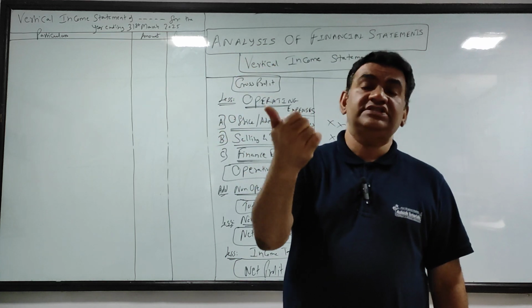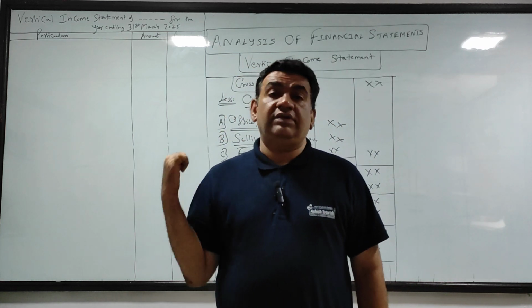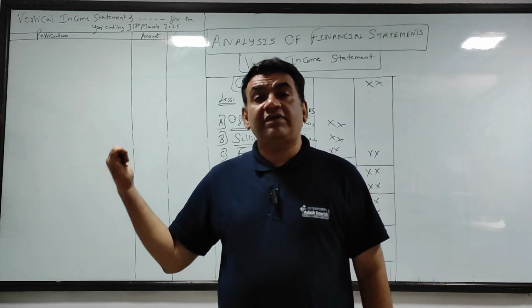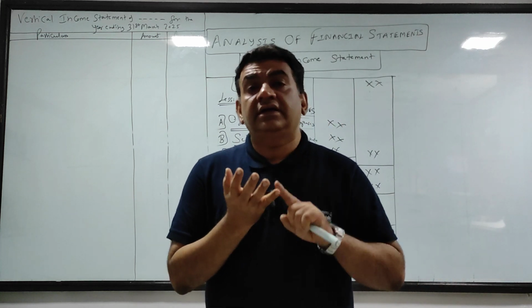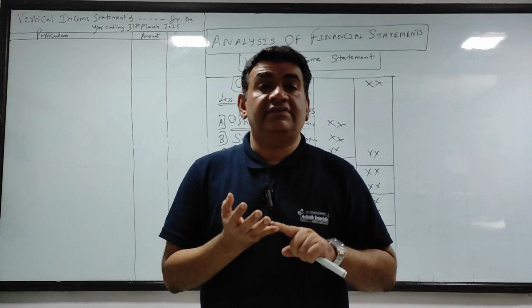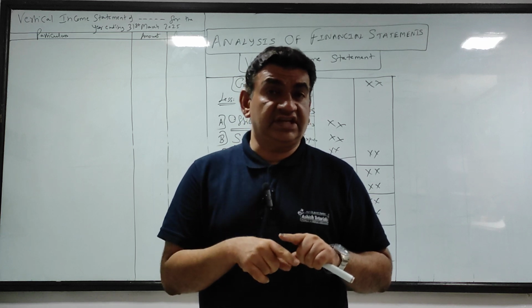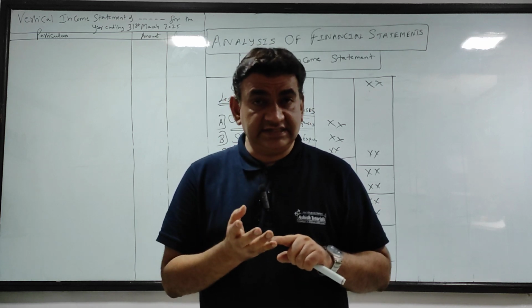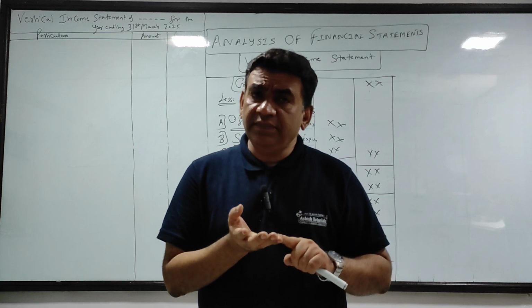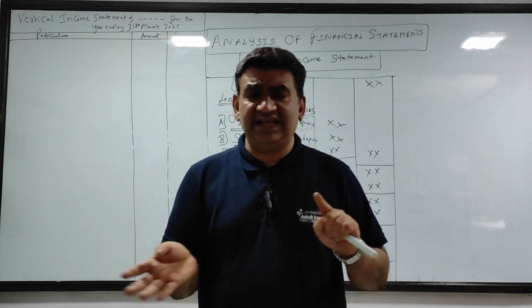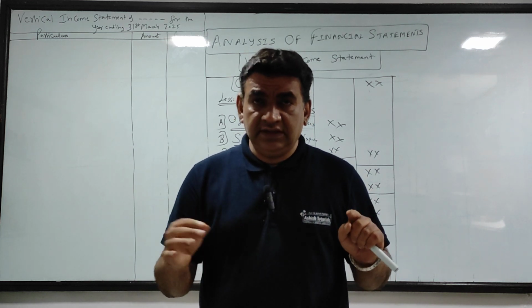Previous video में, previous session में we did balance sheet. Now income statement. I'll just brush up before I start the sum. It starts with sales, net sales. अगर sales return दिया है तो gross में से sales return को minus करके get the net sales. Deduct cost of goods sold, opening stock plus purchases plus direct expenses minus closing stock.